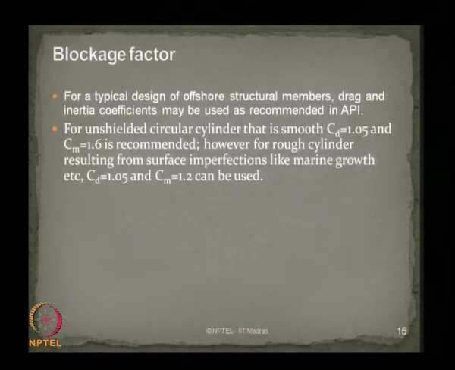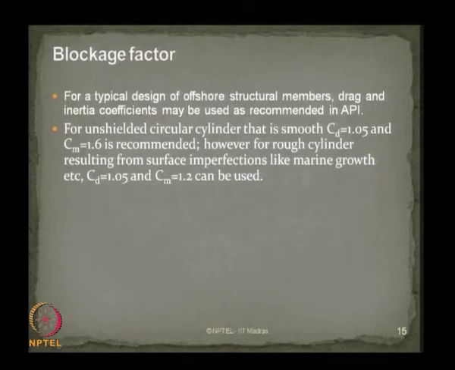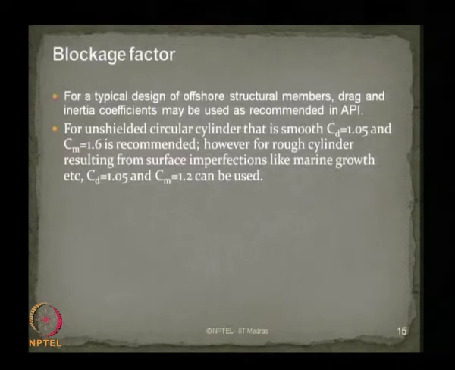However, if the surface of the cylinder becomes rough because of deposit of marine growth along the periphery of the member, it results in some imperfections on the surface, and therefore, CD remains the same, but CM is reduced drastically from 1.6 to 1.2.